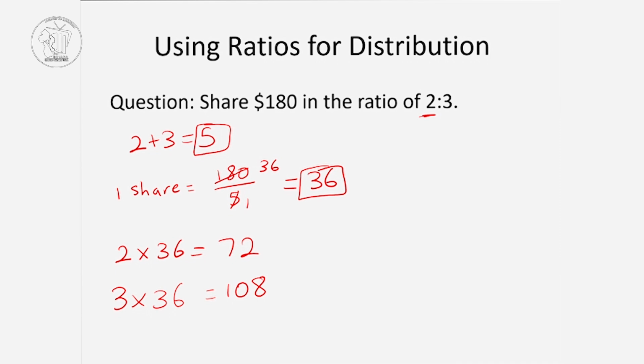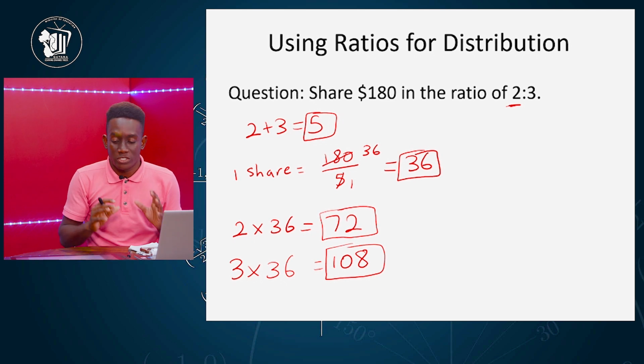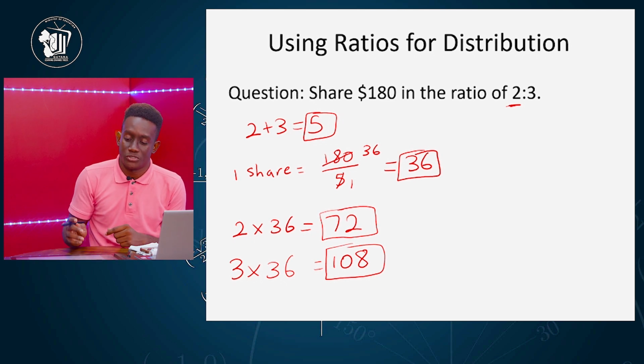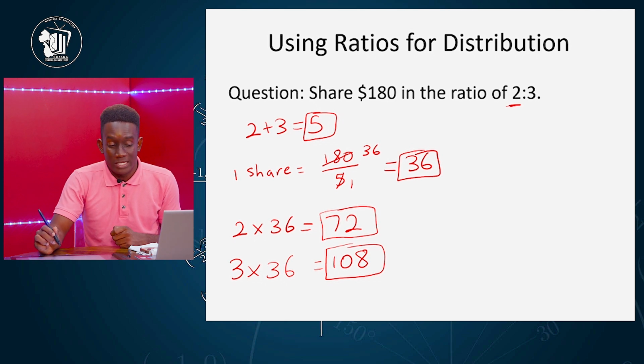So the value of 3 shares would be 108 and the value of 2 shares would be 72. And that is how we share $180 in the ratio 2 to 3. Now if you add up 72 and 108, you will get 180. And that is the answer for this question.